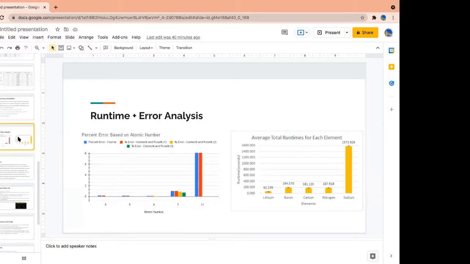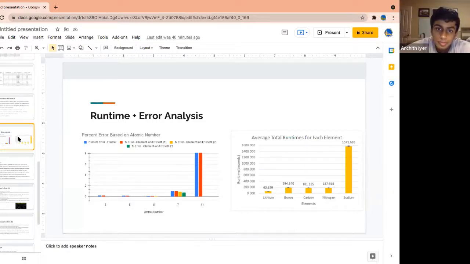You said it exactly. The more electrons you add, the bigger your computational problem becomes, because you're introducing more and more variables, and those variables have a lot of interdependency.